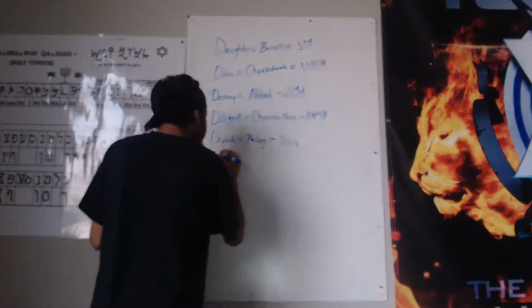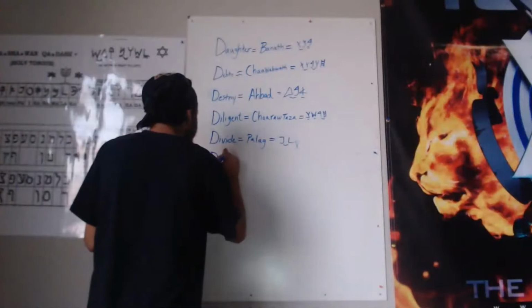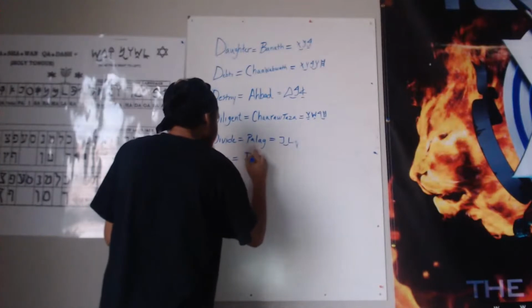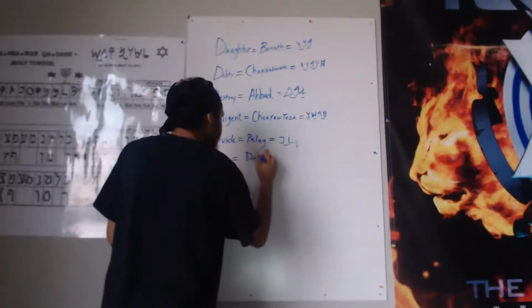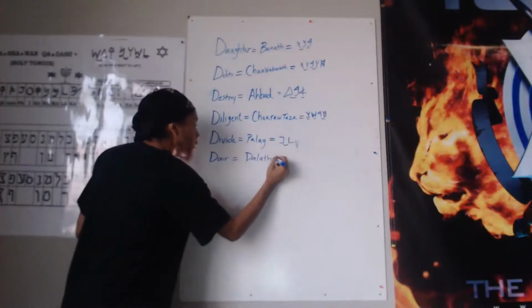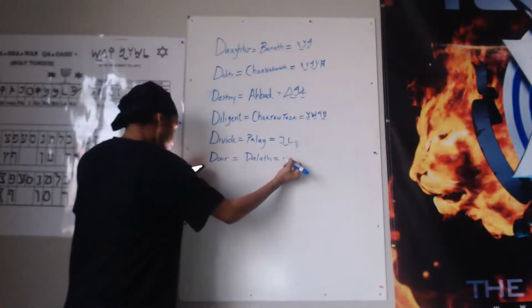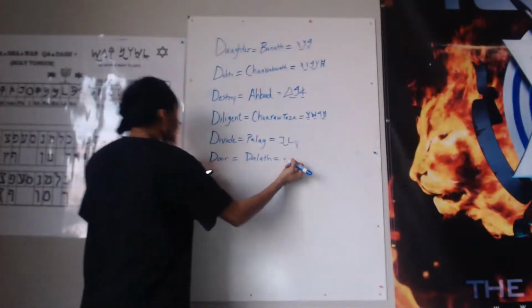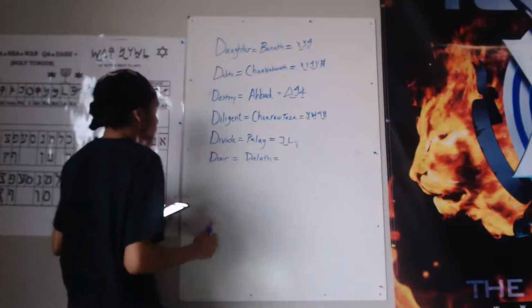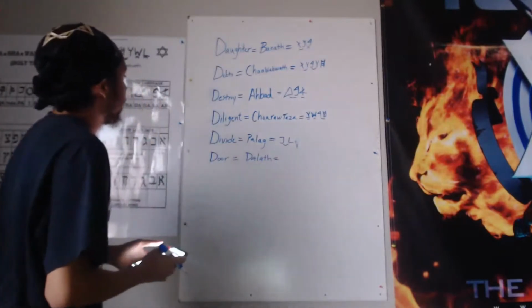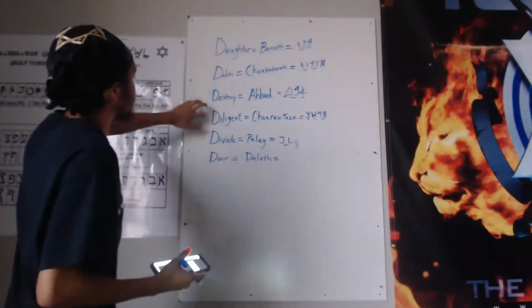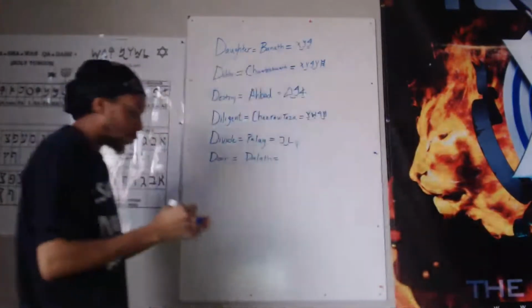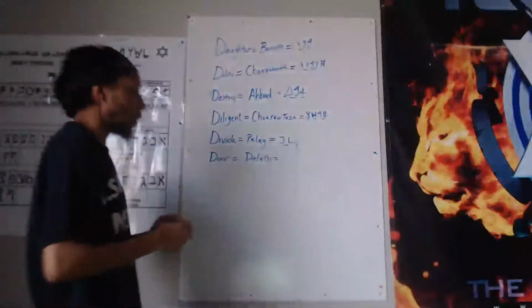Door. Door is the lock. The lock. Actually, you know what? 1, 2, 3, 4, 5. I'm just going to stop right there because of time. Next week we'll just do 10 for the next letter.